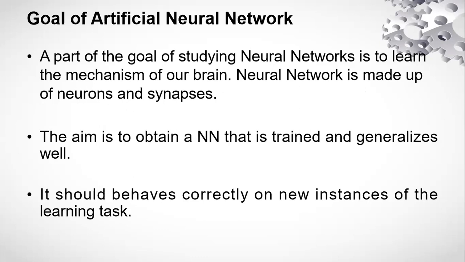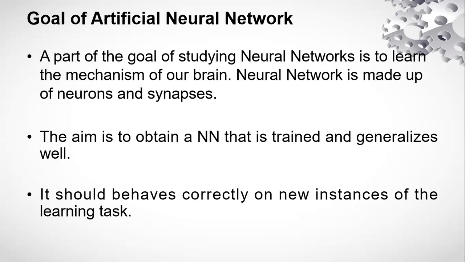Now, the question arises: what are the goals of an artificial neural network? That means, why are we studying this particular neural network? The basic aim behind this artificial neural network is that we are going to study the mechanism of our brain, how this brain takes certain input and gives us an output that is defined on the basis of so many characteristics of the human brain, such as generalization, learning through experience, and learning through examples.